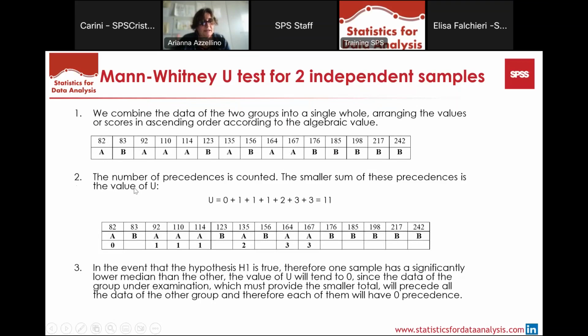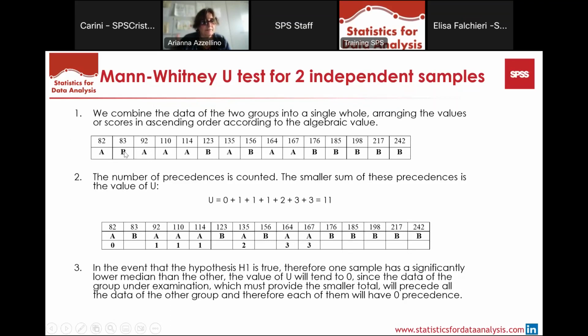Now comes the calculation of the U statistic that needs to be done separately for the two groups. So I will start from group A and say, okay, how many numbers belonging to group B precede 82? 0. Then I will go to the following group A number, which is 92. And again, the question is, how many numbers belonging to the other group precede this 92?